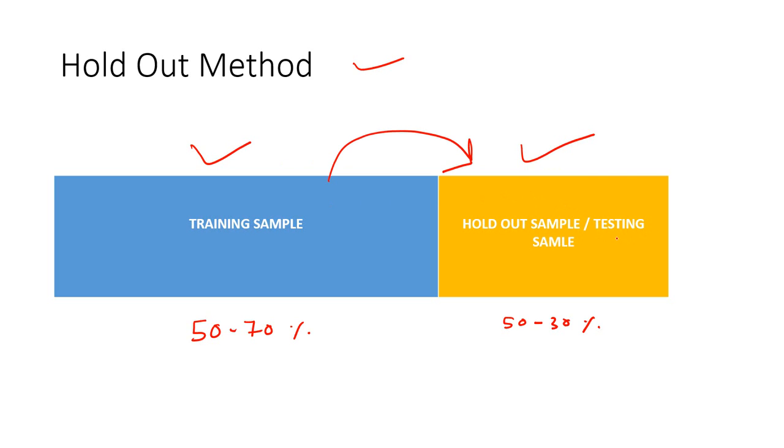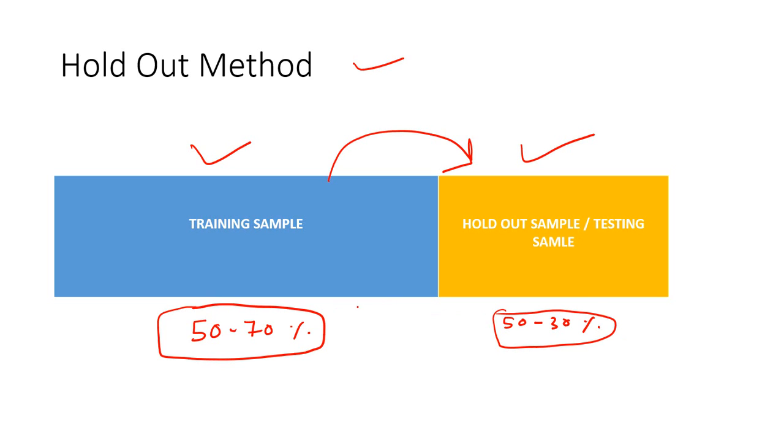If the model statistics are consistent across these two samples, we are confident that the model is going to perform well in new data. It's not just the training data on which the model is performing well, it's also going to do well in the new data. So normally we go ahead with 50 to 70% of the data in the training sample, and 30 to 50% as the holdout sample.